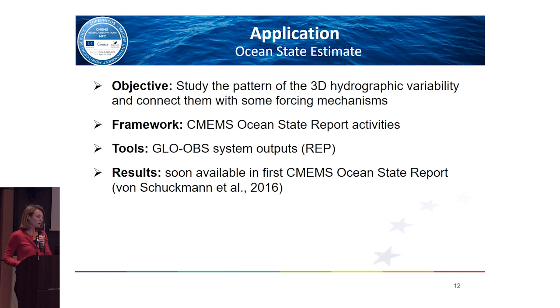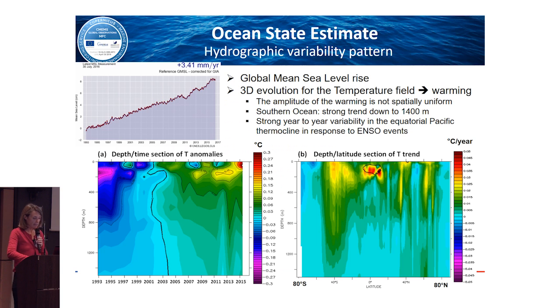And again, the tool, the GlobeUps system output, the reprocessing that we have, and the result will soon be available in the first CMEMS Ocean State Report. Again, some illustration is just to give you a flavor. I'm not going to go very much into detail in the forcing mechanism, but it's just to illustrate what we can do with our field.